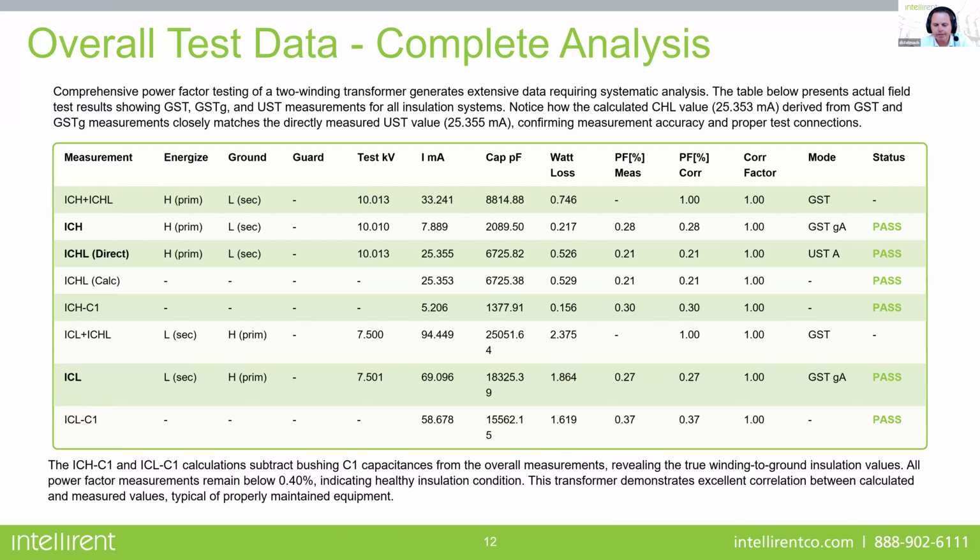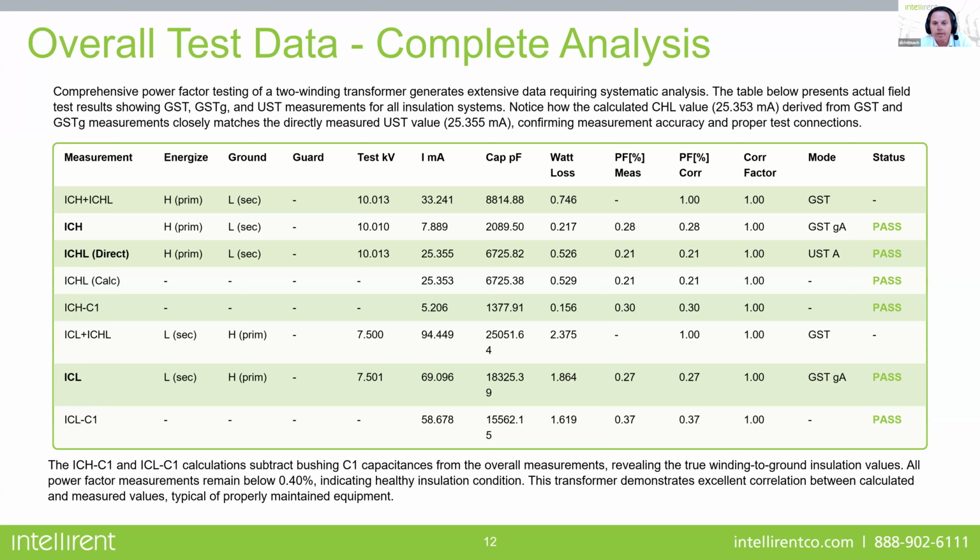So if anything changes, if oil comes out of the bushing or the transformer, that capacitance would change. The watts loss is the real power that's getting through the insulation system, and we want that to be really low, which is directly related to the power factor as well. Power factor is actually calculated, not directly measured.